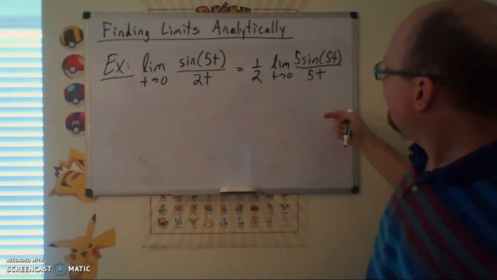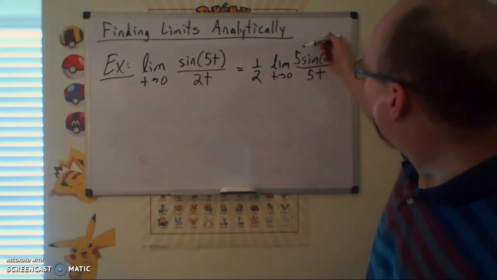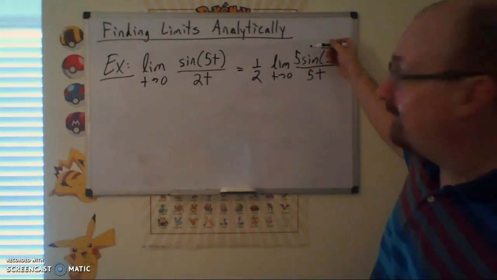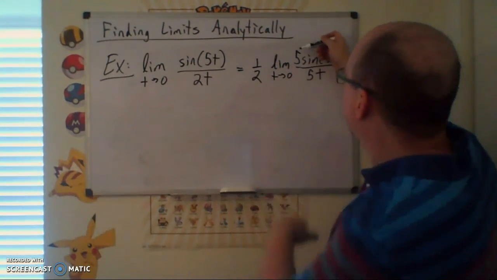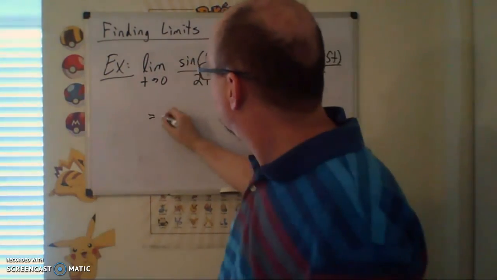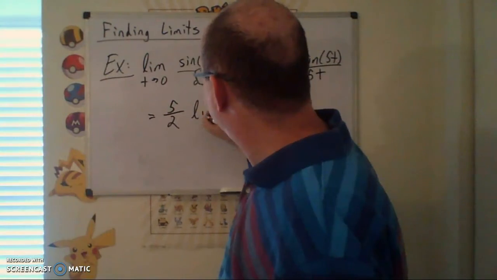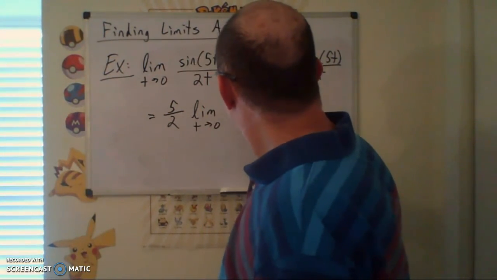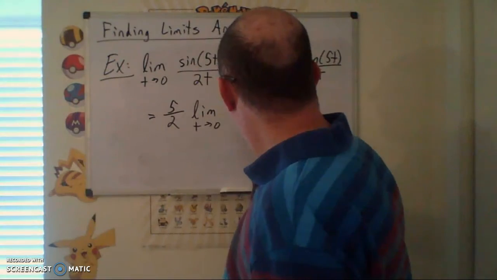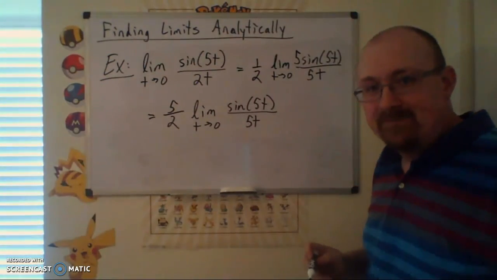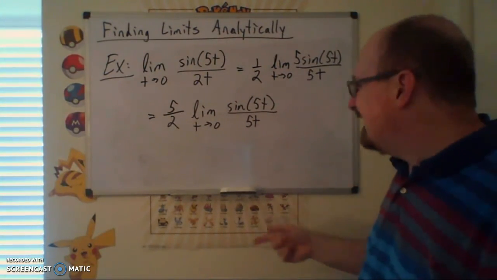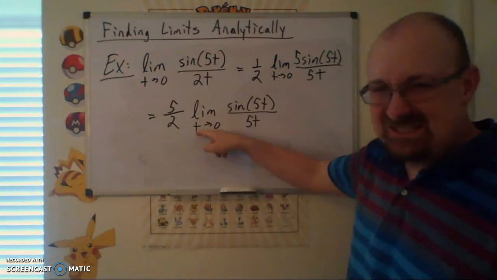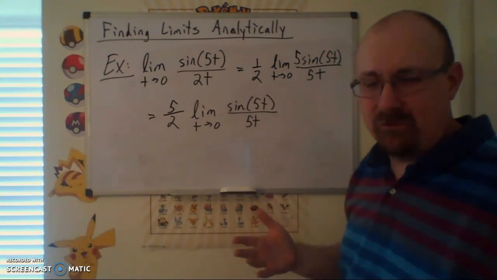Anyway, now don't cancel them right back away. What we're going to do is use that same property that got the 2 out front in the first place. We're going to drag the 5 out. So we have equals 5/2 times the limit as t goes to 0 of sine of 5t over 5t. And at this point, technically, we need to say that as t gets close to 0, 5t also gets close to 0.